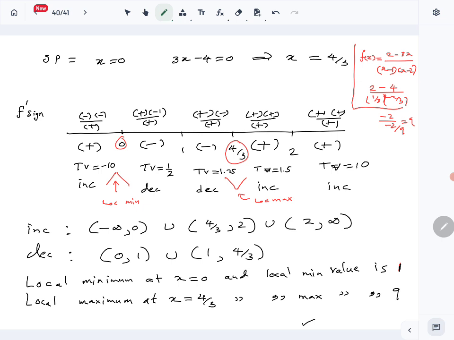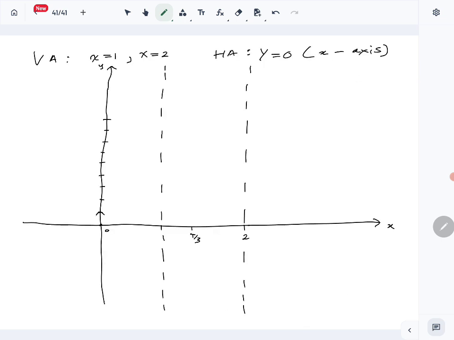Max occurs at 4 over 3 and y value is 9. So somewhere here you have local max, right? So all the required points are marked.